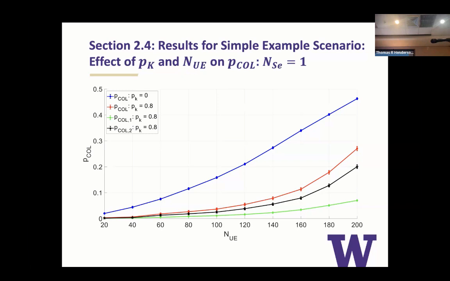So there only exists Pico 1, so here Pico will be equal to Pico 1, right? Under PK equal to 0.8, there should be Pico 1 and Pico 2 and the total collision probability. The total collision probability will be the sum of Pico 1 and Pico 2 under PK equal to 0.8.